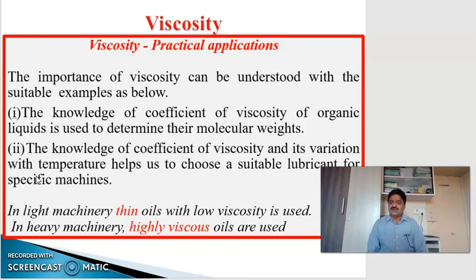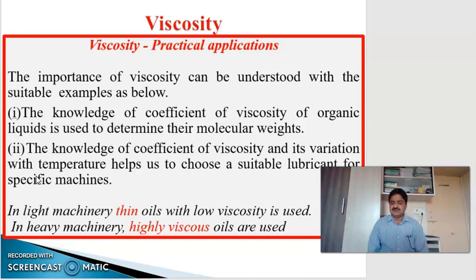That's why we measure the viscosity of the liquid, because viscosity changes with change in temperature and change in pressure. That point also we have to take into consideration. Because in case of machines, whenever oil is used, the temperature of the machine may go on changing.